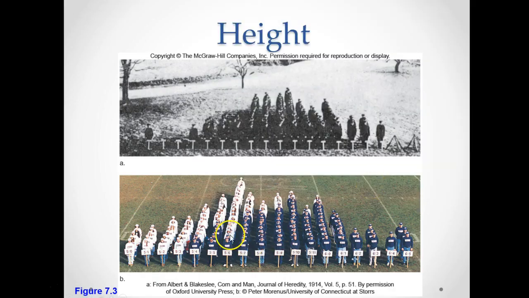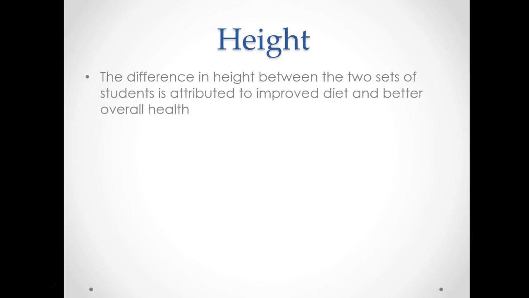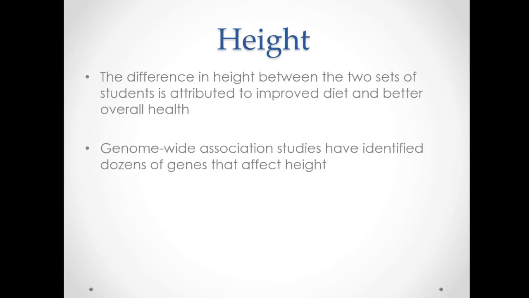We can do the same thing for height. Again, these are 2 different pictures, basically, one taken with military cadets in 1914 and another done with college students about 75, 80 years later. Continuous variation, that's what we see. A couple different things play into height.